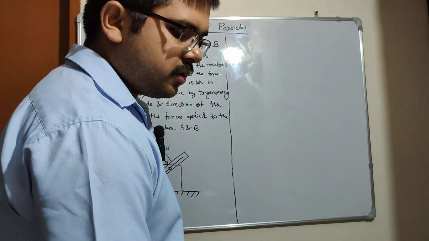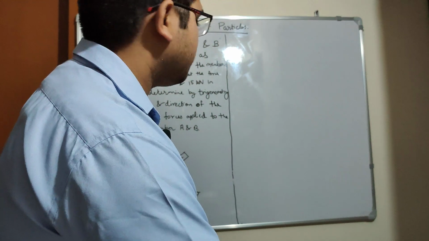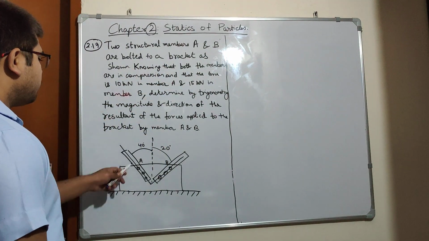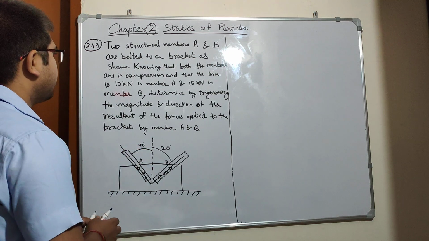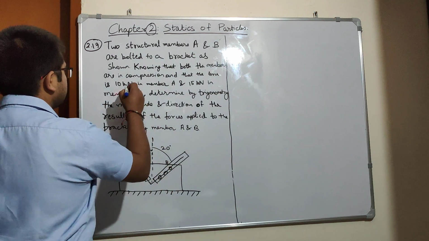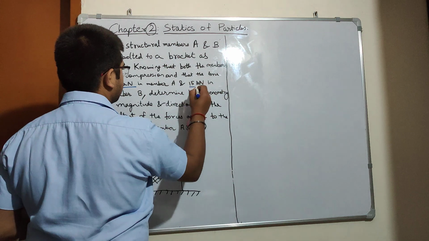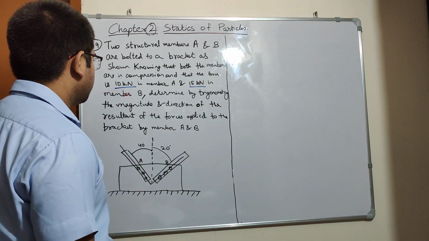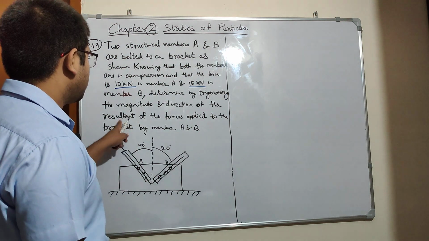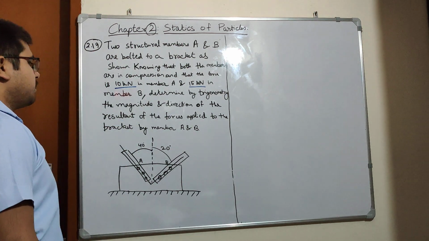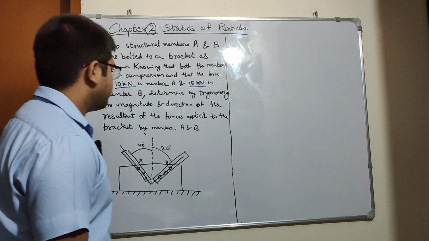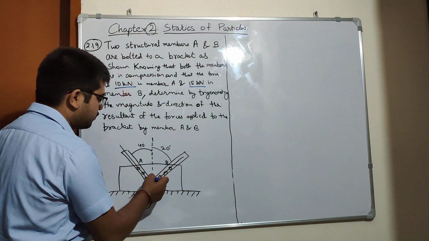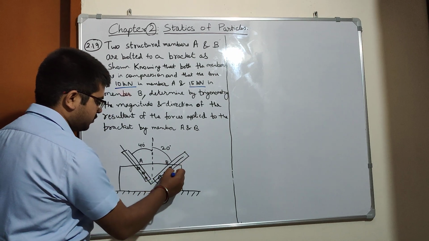So first we will use triangle law of vector addition. So we know the angles and also we know the forces. We have to calculate magnitude and direction of the resultant. Okay, so we can see we have two forces, this force and this force, and they are both in compression.